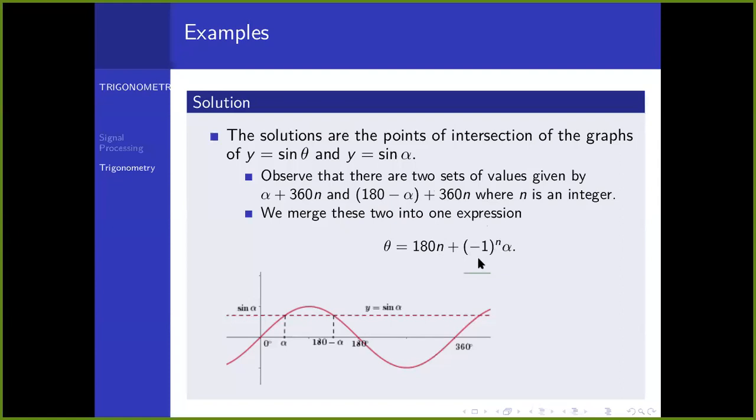But when n is even, negative 1 raised to an even number is still positive. So now this gives you one consolidated answer. If you want to compute any value that works, there are infinitely many of them. For any value of n, this will be true. But most of the time when you are answering questions, you will be restricted to a certain interval. This is just to show you how you can find a general formula for such a problem.